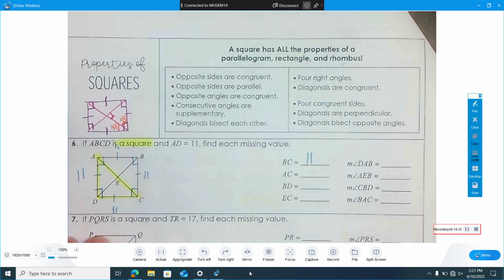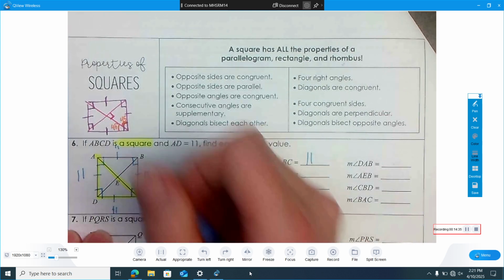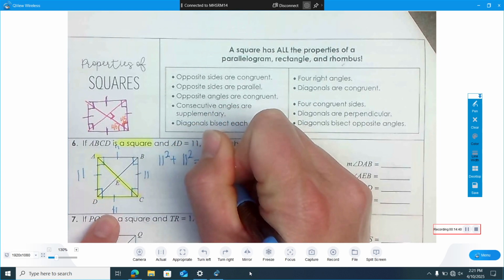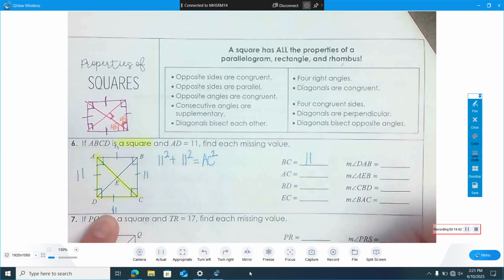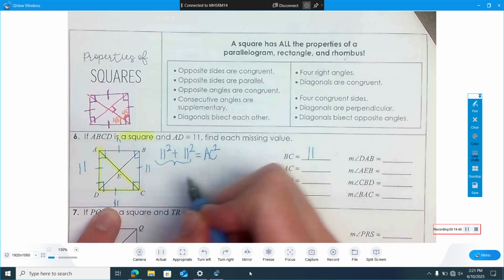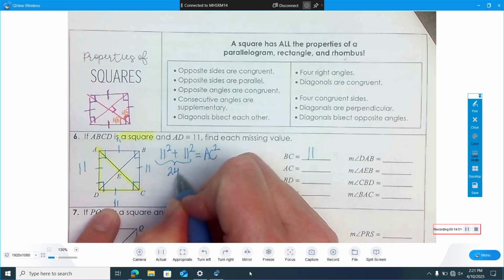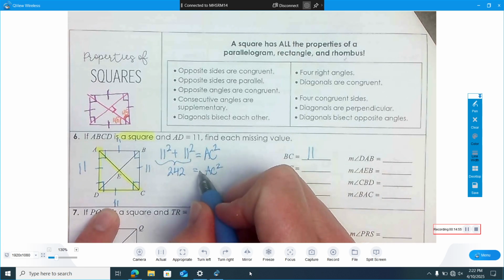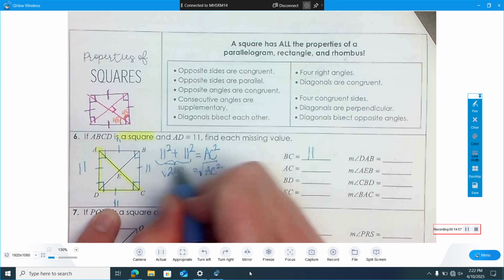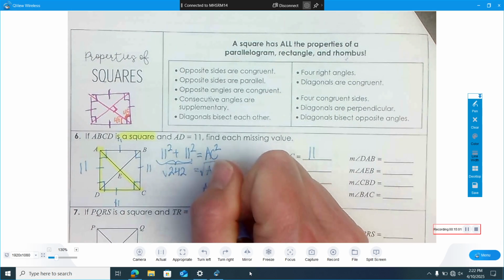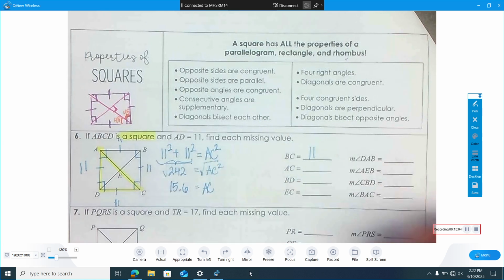We have a right triangle, do we not? All right, so leg squared plus leg squared equals hypotenuse squared. Leg squared plus leg squared equals that AC squared. All right, 121 plus 121 is 242. Square root both sides. Square root of 242 is 15.6. Beautiful.